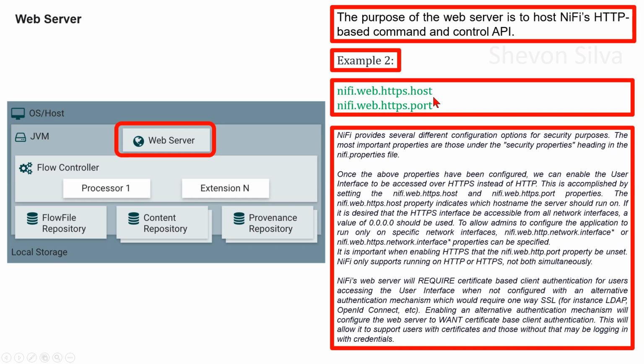If it is desired that the HTTPS interface be accessible from all network interfaces, a value of 0.0.0.0 should be used.